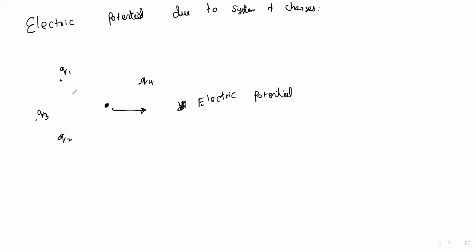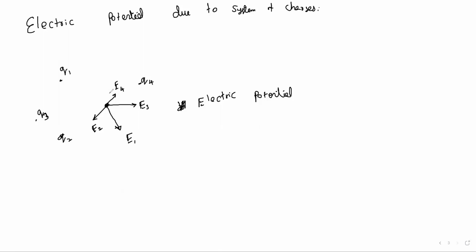There we have to check whether this q1 is plus or minus. If it is positive, then the electric field intensity due to it will be repulsive. Q2 is negative, so E2 will be like this. Q3 is positive, so E3 will be like this. Q4 is negative, so it will be like this.